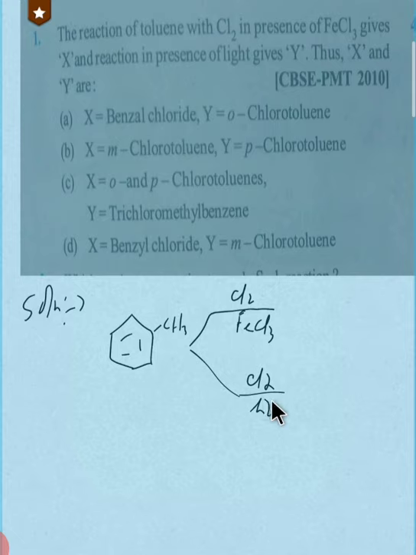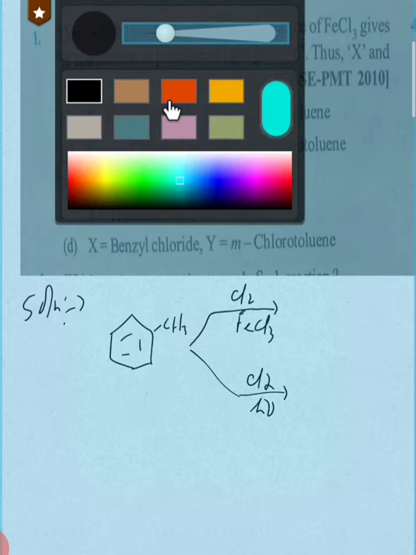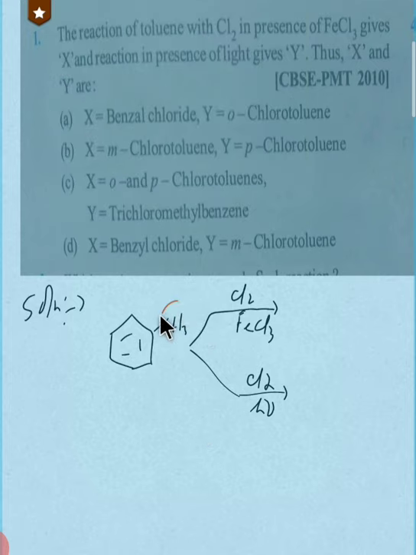In presence of light, this is a free radical substitution reaction. In electrophilic substitution, substitution in the benzene ring takes place. So we need to check whether CH3 is an ortho para directing group or a meta directing group. We know that methyl is an ortho para directing group.